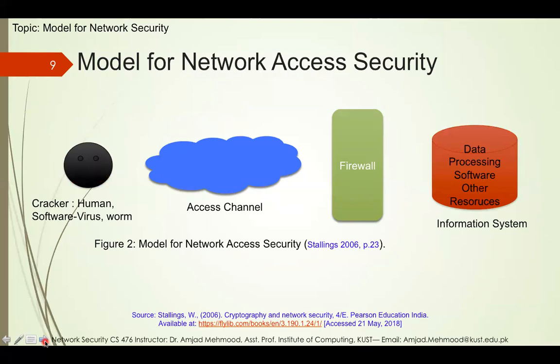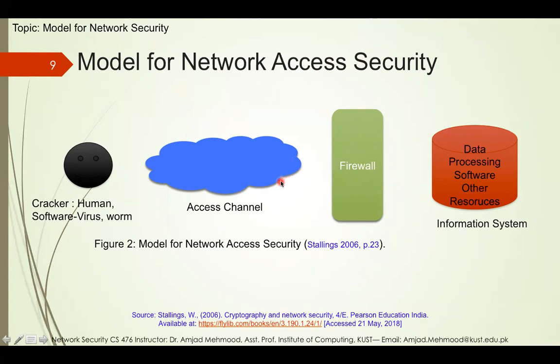Now come to another model, that is a model for network access security. For example, a cracker, a human, software or a virus getting access to the access channel and reaches the firewall. Firewall means here you have a router, on which you implement security policies or SOPs.